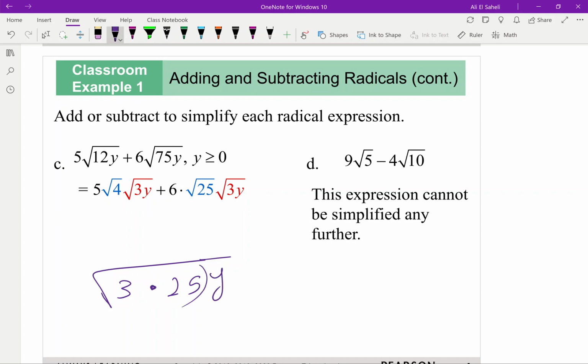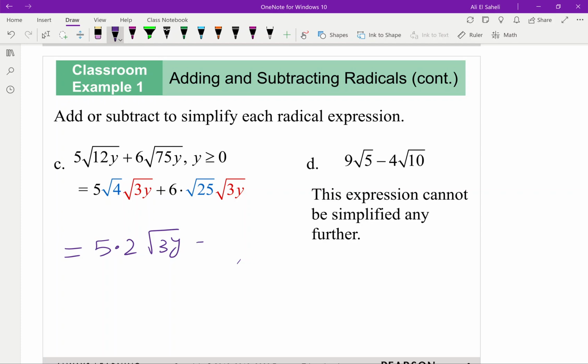The 25 goes out as 5. That's why we separated the 25. And you are left with radical 3y. So this is equal to 5 times 2 radical 3y plus 6 times 5 radical 3y. 10 radical 3y plus 30 radical 3y.